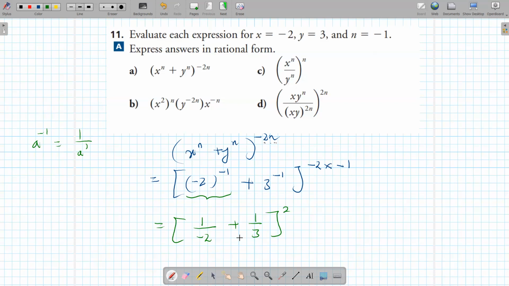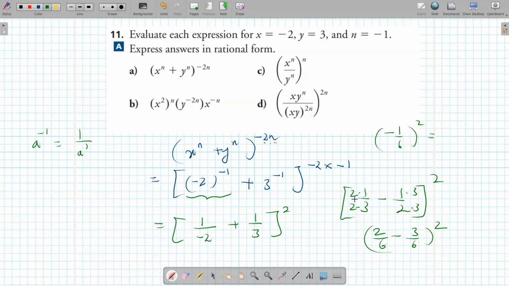You can rewrite the inside bit as 1 over 3 minus 1 over 2, because that's the same thing. What's the common denominator between 3 and 2? 6, right? So you multiply this by 2, this by 3. So you have 2 over 6 minus 3 over 6, to the power of 2. And then you get -1 over 6, squared.